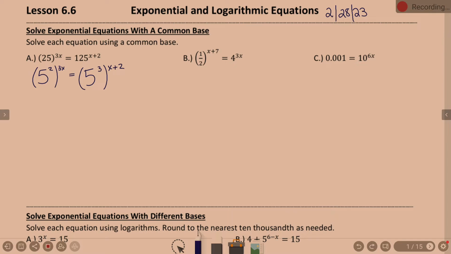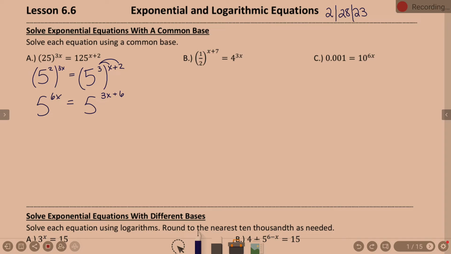So remember, when you have a power raised to a power, we're going to multiply this. So 5 to the second raised to 3x is 5 to the 6x. What about 5 to the third raised to the x plus 2? What are we going to have to do with that 3? It's going to have to distribute when we multiply it. So 3 times x plus 2 is going to be 3x plus 6.